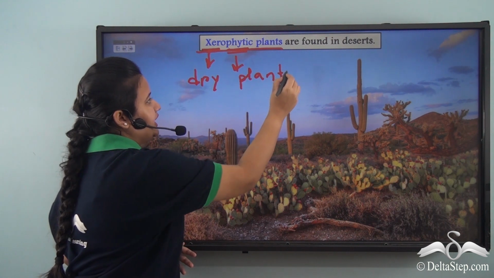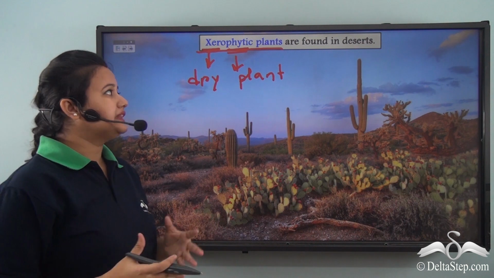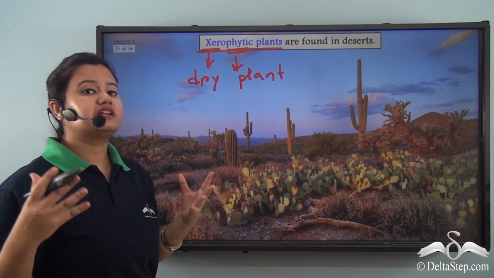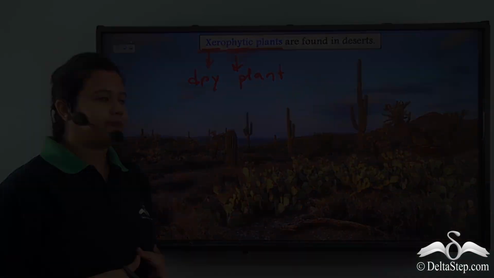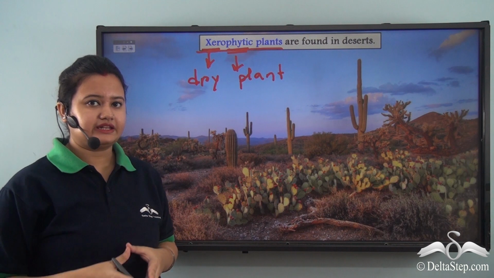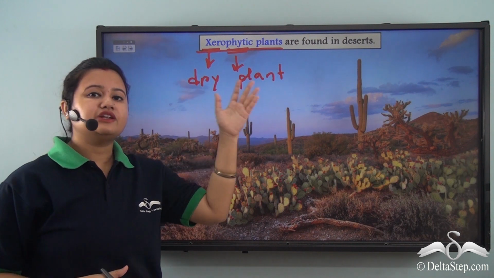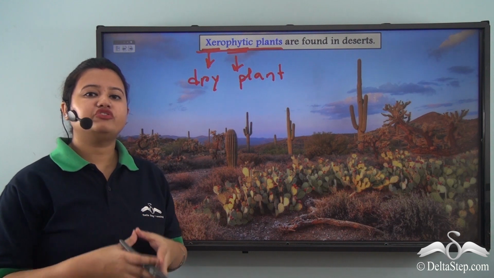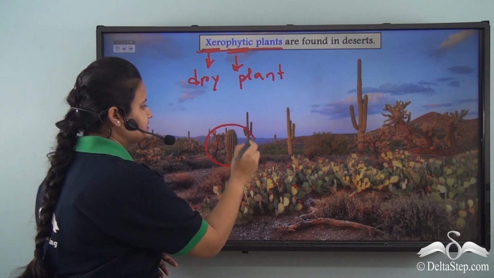So, xerophyte simply means a plant that can grow in dry conditions and need very little water to survive. So, since the climate of desert is extremely hot and dry, therefore only xerophytic plants grow here. Now, one example of xerophytic plant is cactus.